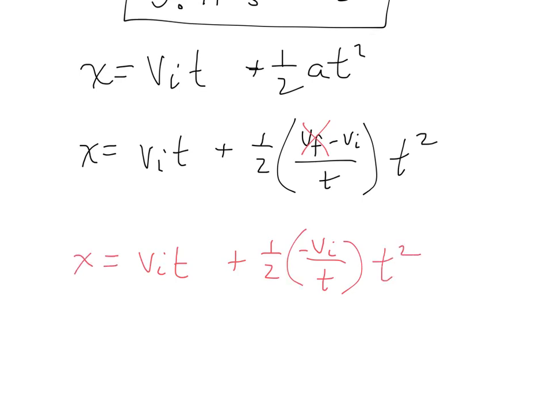But you'll notice that the time cancels in one of the spots, and it makes everything a function of initial velocity and time. This time cancels with one of these times up in the numerator, making the problem VIT plus 1/2 negative VIT.